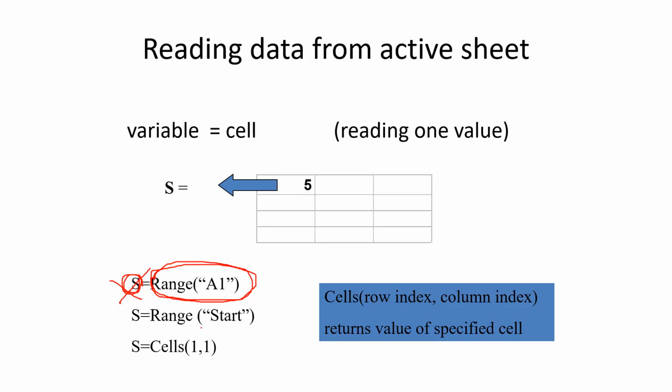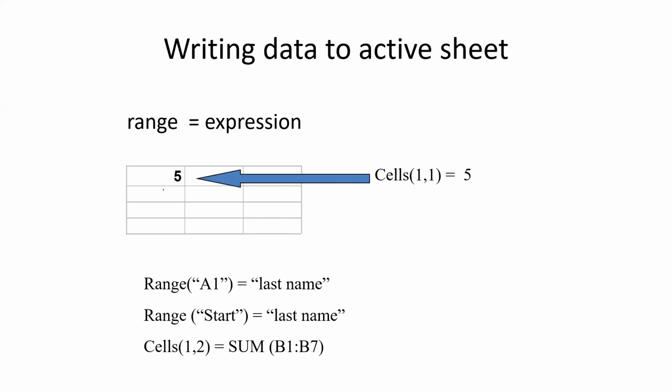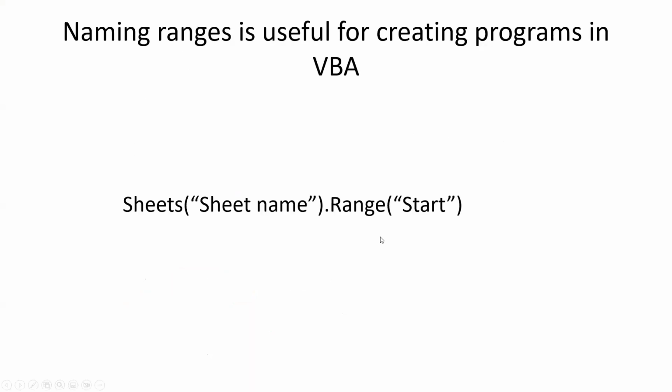And the next method is based on the start point. Now, A1 we can consider as 1, 1. Again, please ask questions.